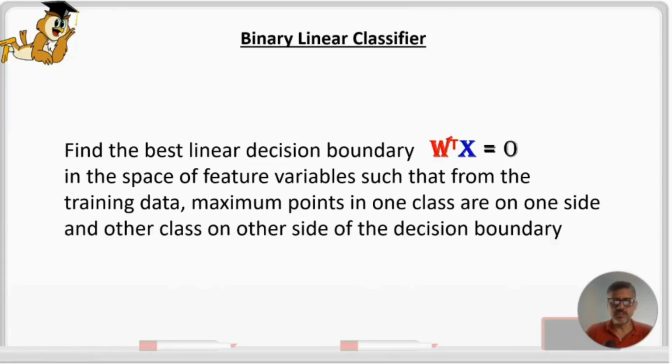When we stopped talking about the binary linear classifier, our target was to find the best linear decision boundary, W transpose X equal to 0. These are vectors. Over here, I have added W0 to the vector W, so the vector W looks like this, all the way, and finally I add W0 at the end.